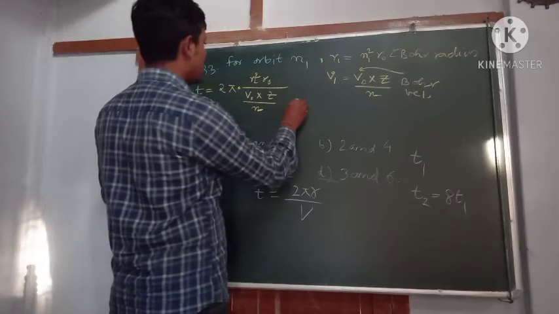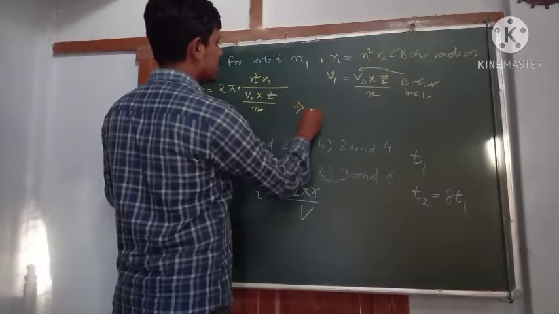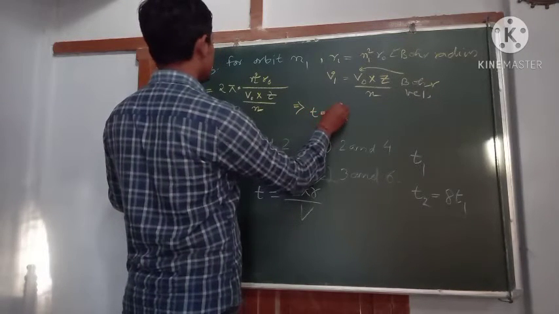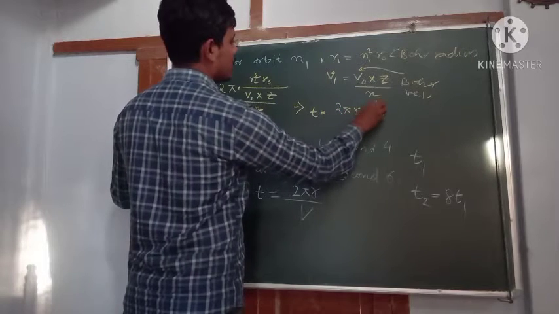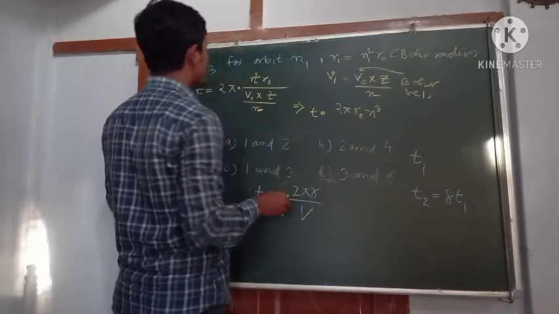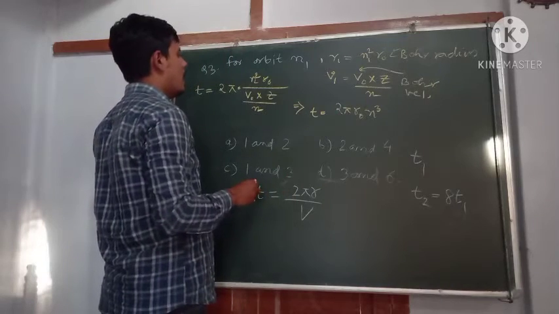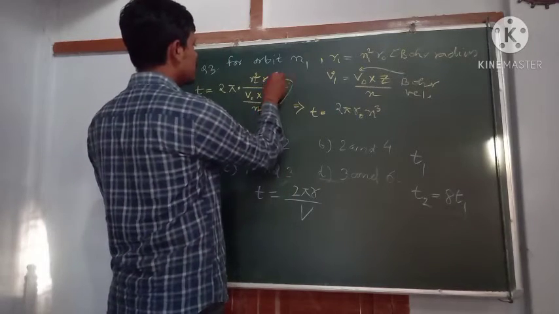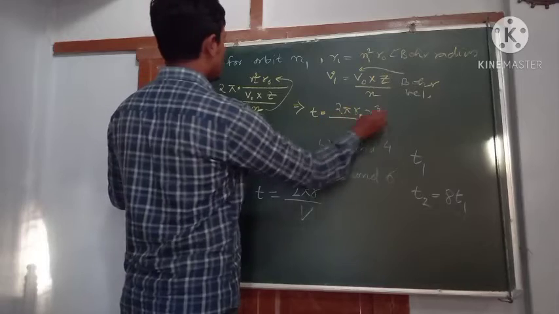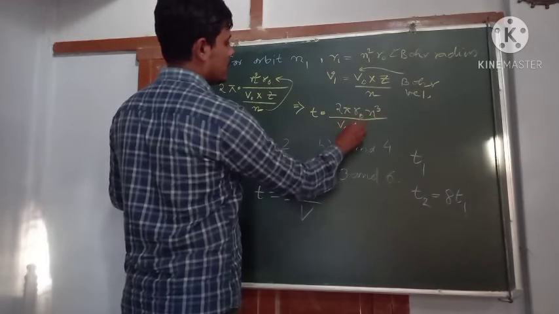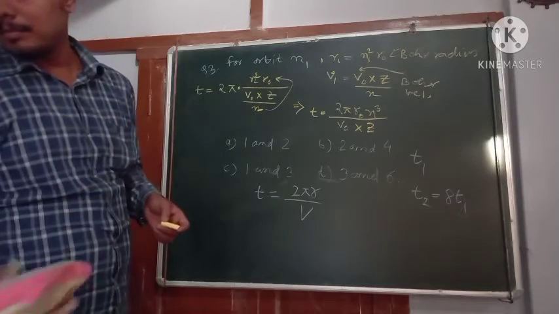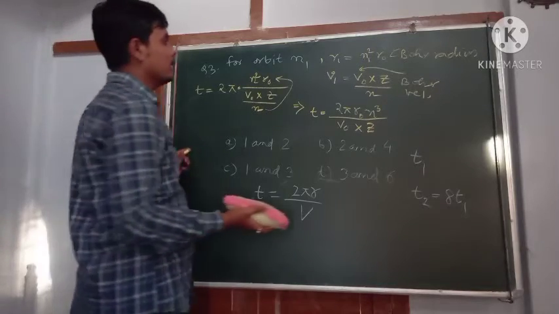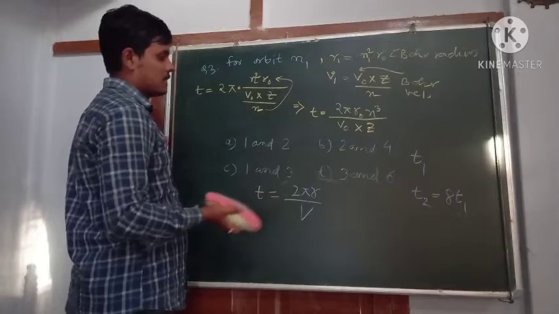So we can write it like, it implies T equals twice pi r naught n cube by v naught into z.